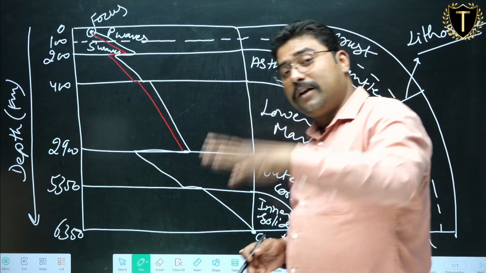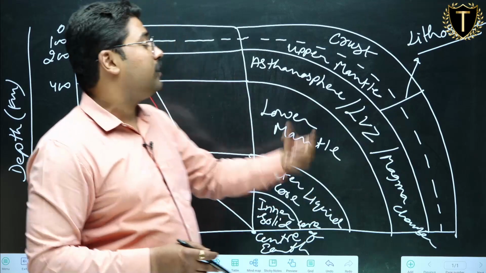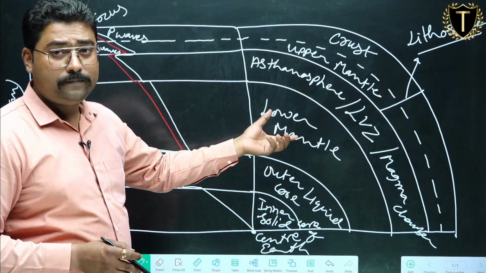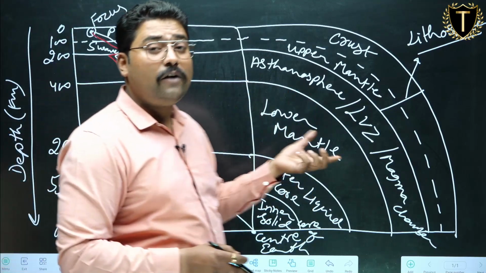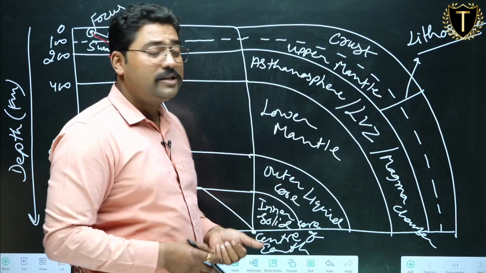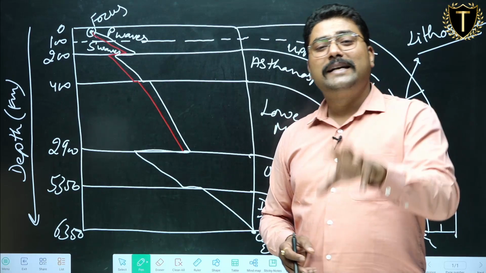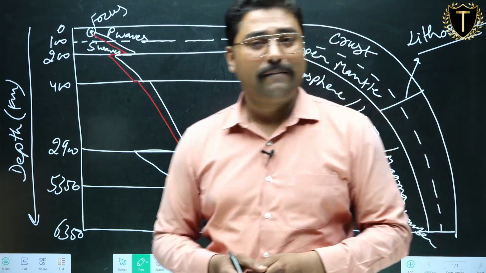So the matter is neither liquid nor solid, so it is in viscous state, which is considered as asthenosphere, and due to decrease in the velocity of seismic waves, it has been considered as low velocity zone, and this is the area of magma. That's why it is also considered as magma chamber.